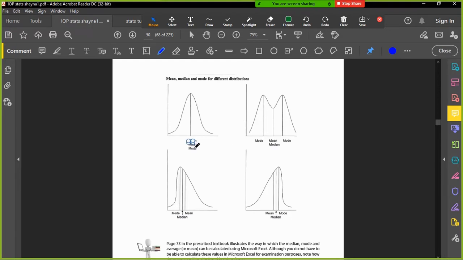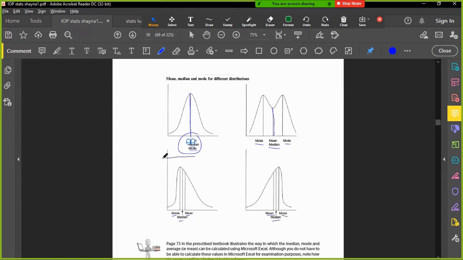Sometimes the mean, mode, and median can all be the same. Then that'll be perfectly central. Sometimes the mode could be here, the median could be there, and there could be a mode that side or a median that side. Or like this, for example, here mode is there, median is there, mean is there. On this one, mean is there, median is there, and mode is there.